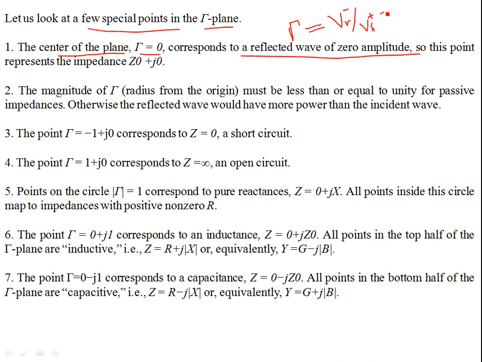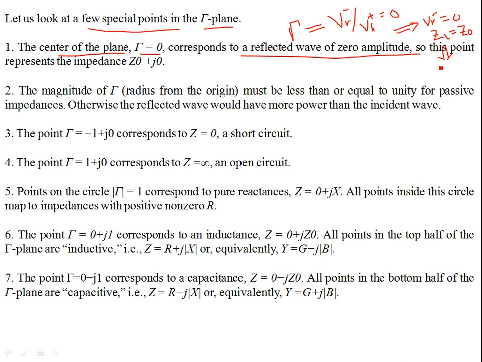If it is 0, that means you have a matched condition. So this implies that your reflected wave is 0 due to ZL being equal to Z naught. The origin, gamma equal to 0, is Z naught.